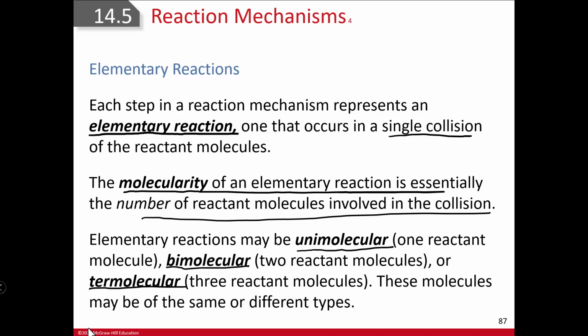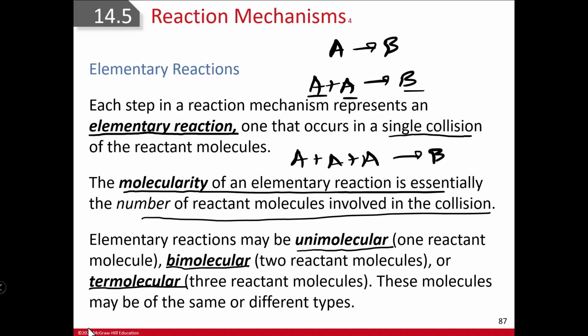So unimolecular is when only one molecule reacts. That's like when A becomes B. And all that happens is A is flipping to B. That's going to be a unimolecular, one reactant molecule. Then we could have A collides with another A molecule, and that forms B. That would be a bimolecular collision, where two reactant molecules collide to form B. And then termolecular is where we would have A plus another A plus another A all have to collide to form B. And you can see this is probably a really slow reaction.